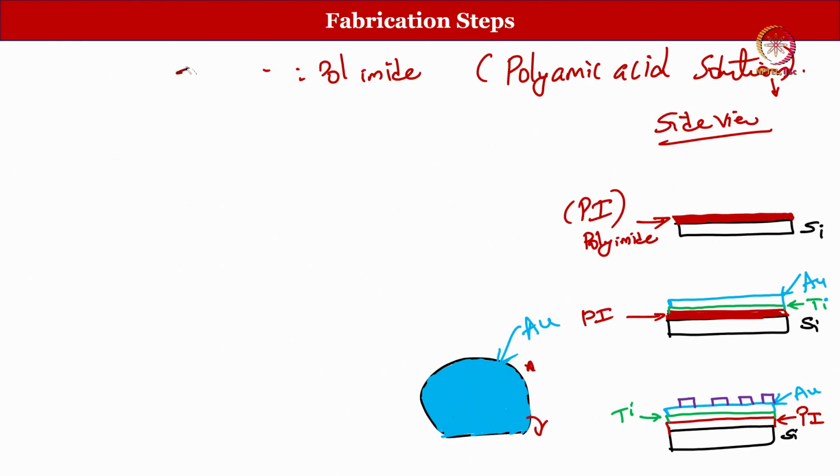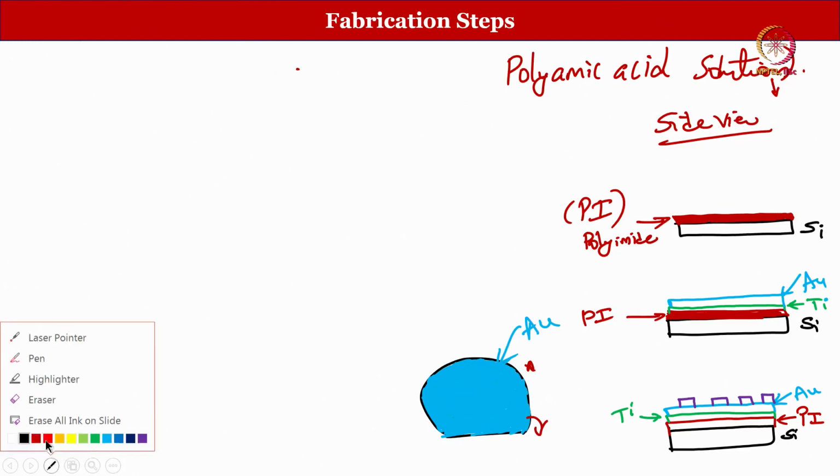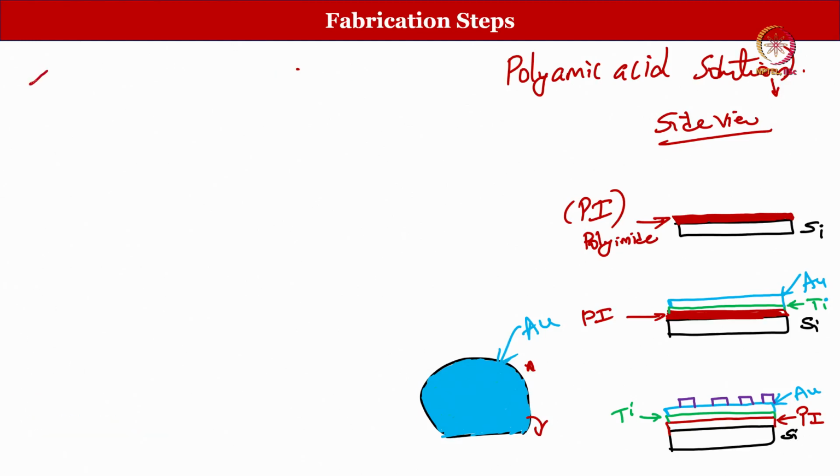So, the fourth step is going to be, what is that? You might have guessed it by now. Something called etching, because photoresist developer removes only photoresist, correct, whichever is soluble. When I say whichever is soluble, whichever photoresist is soluble, right.